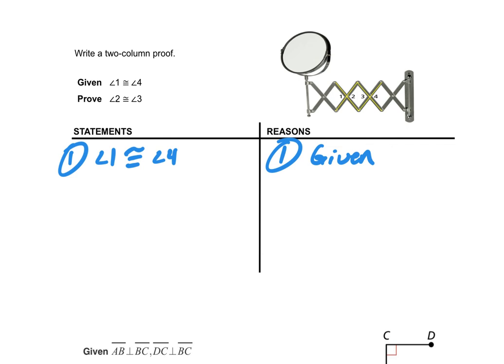Based on what we know about this picture, what would be true about angles 1 and 2? They're congruent. What would be true about angles 3 and 4? They're congruent, because what kind of angles are they? Vertical. Here's what I'm going to show you guys: I could do this in 2 separate steps if I want to.